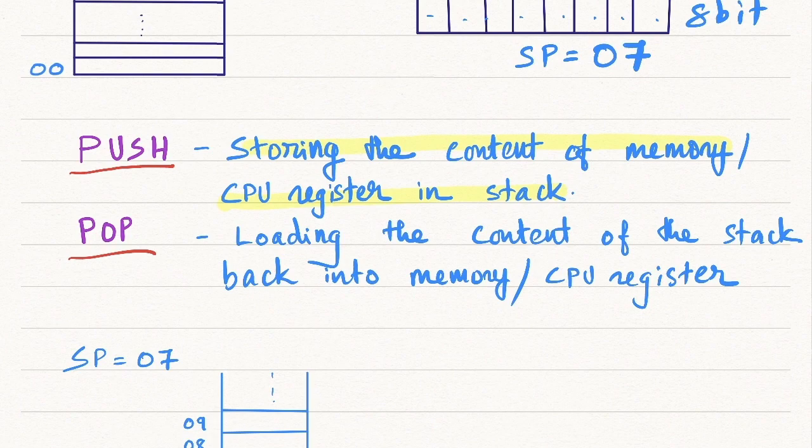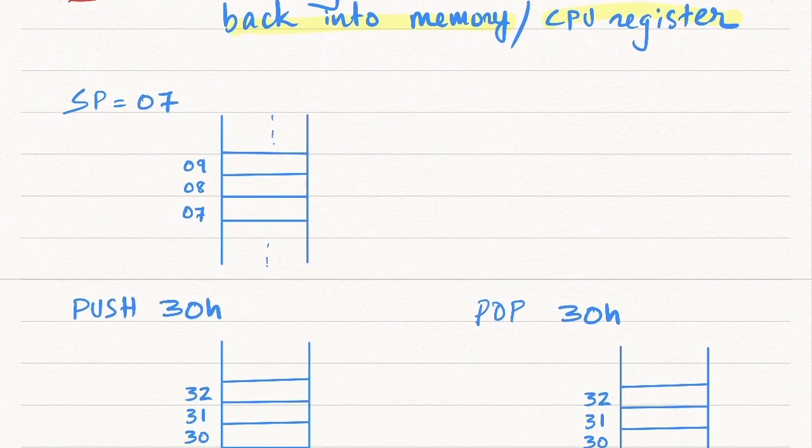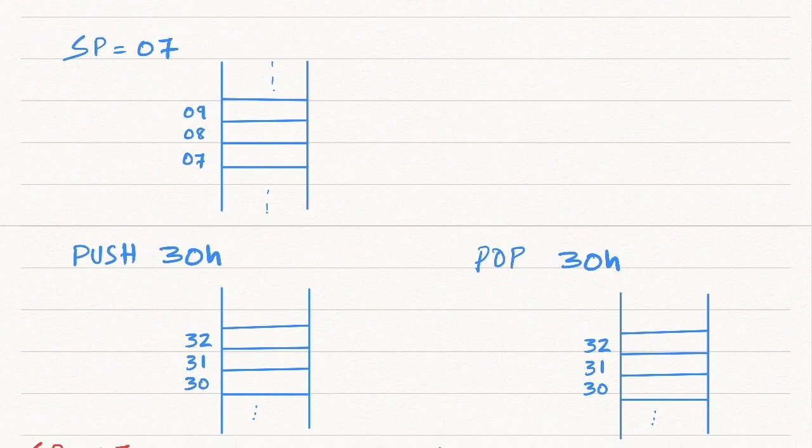This instruction is called the pop instruction. With every pop instruction, the top byte of the stack is copied to the register specified by the instruction, and the stack pointer is decremented once. So the pop instruction is used to load the content of the stack back into the memory or the CPU register. Let us clearly understand this with an example.